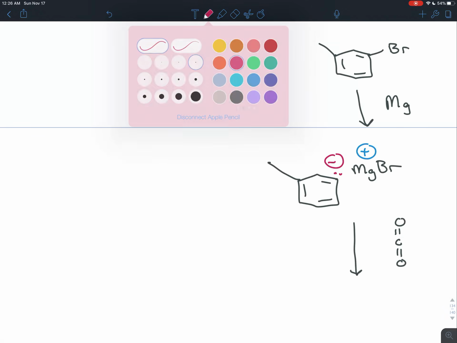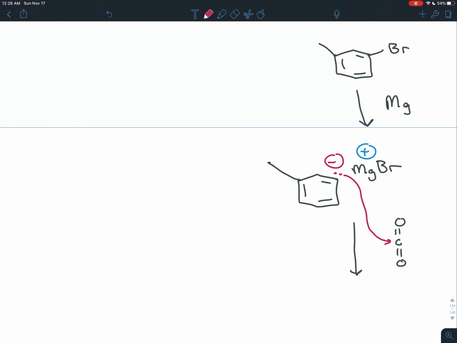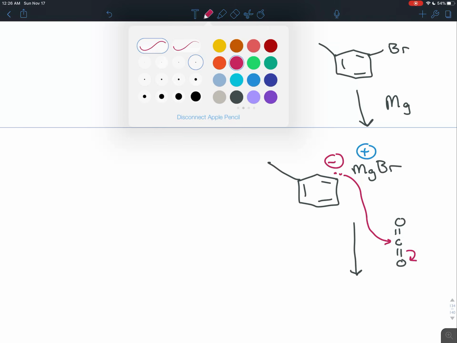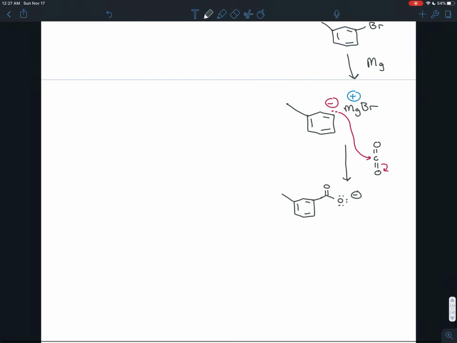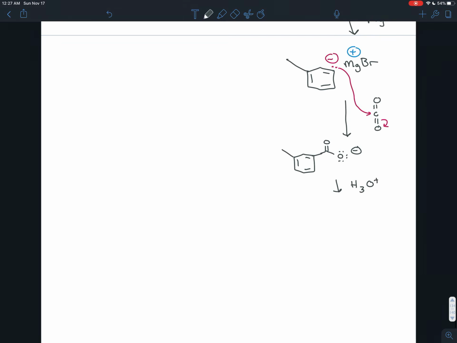If this nucleophile were to attack carbon dioxide, one of the pi bonds would break, and we'd get a carboxylate. We would get a carboxylic acid, but where the hydrogen is replaced by a negative charge on one of the oxygens. And so you can follow that up with some acid, an acid wash, or a water wash, and that would turn that carboxylate into the carboxylic acid.